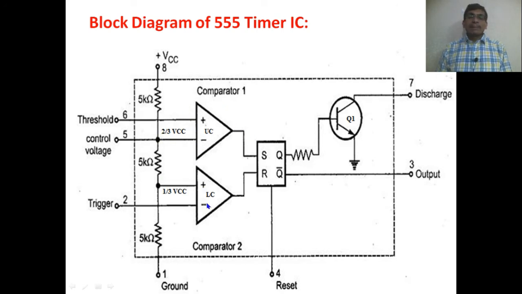And we have two comparator circuits, named UC and LC, the upper comparator and lower comparator. The upper comparator's negative terminal, which is the inverting terminal, is given to the 5th pin of our IC, which is called the control voltage, and the voltage at this node or at this 5th pin is always 2 by 3 VCC.